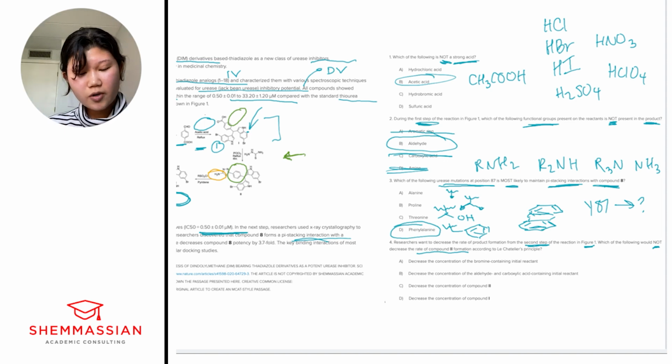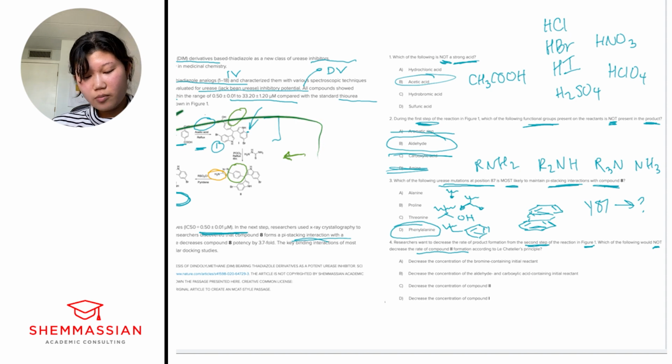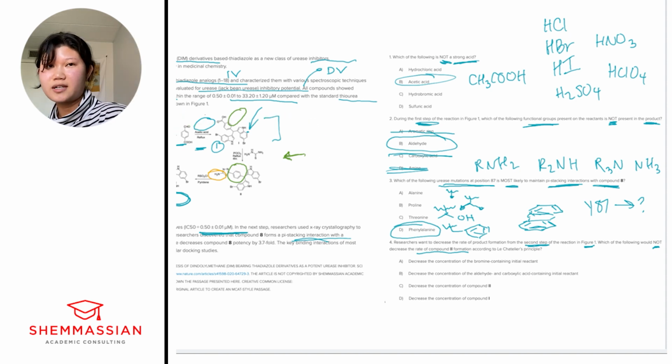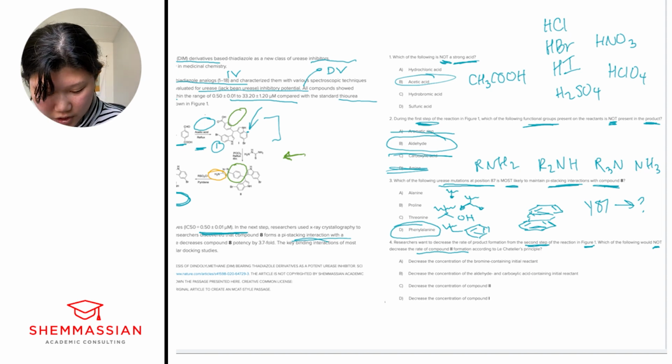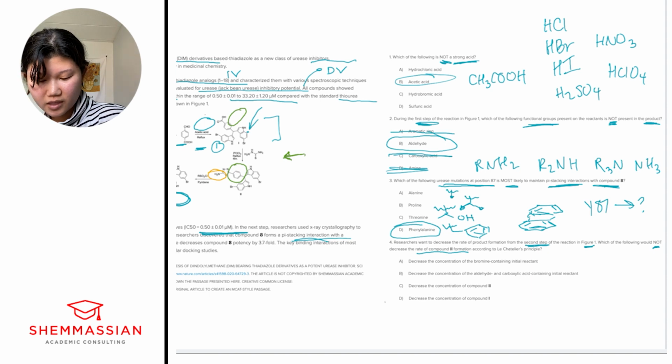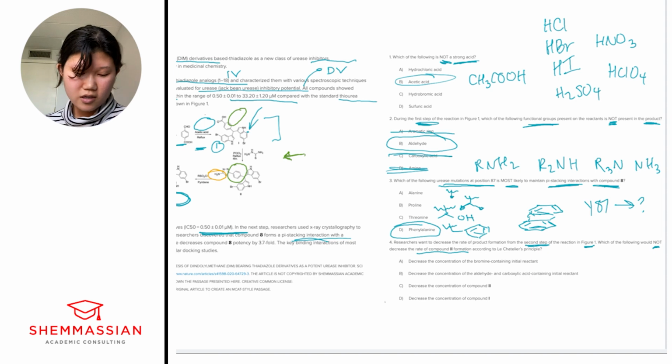Because of that, the equilibrium will shift to counteract that stress. So it'll make more of that initial reactant to maintain those equilibrium concentrations. Because it will shift to the left towards the initial reactants, you'll have less of compound 2 formation. But we're looking for something that will not decrease it. So A would be out.